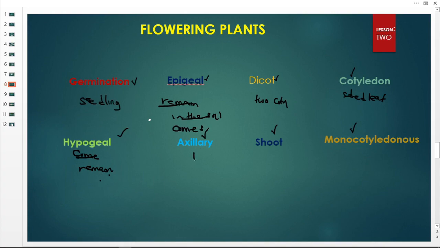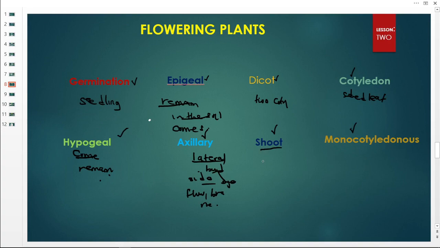Axillary is also known as the lateral bud, and lateral in science means the side. So the bud is at the side, and bud means the eye. Plants have what we call the axillary bud that develops into flowers, branches, and new leaves.